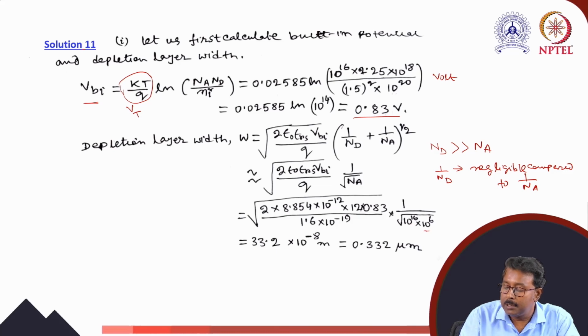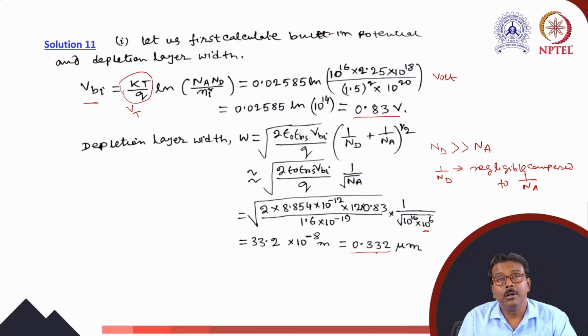Here we use 10 to the power 6 to convert to per meter cube because all the units are SI units. But it was not required in the built-in potential because that is a ratio; both are per centimeter cube, so it cancels out. But be careful here, you have to convert. After calculation, it is coming 0.332 micron, very small. Out of 250 micron, only 0.332 micron is covered by the depletion layer within the p region. So the rest is quasi-neutral region.